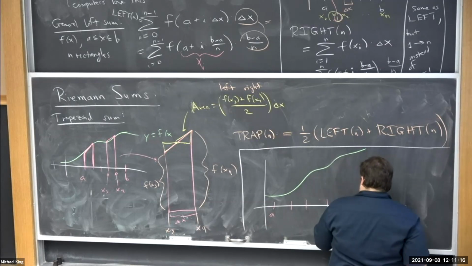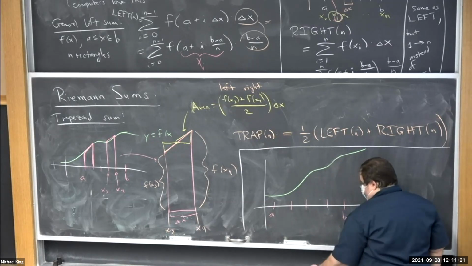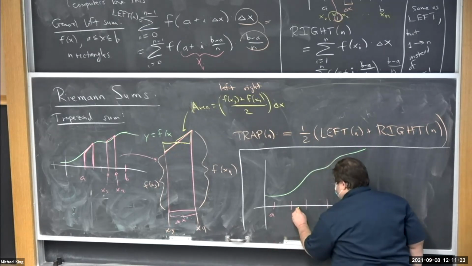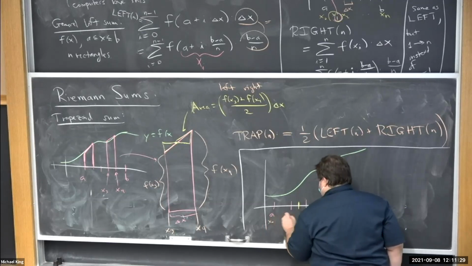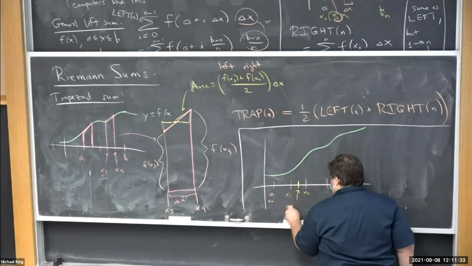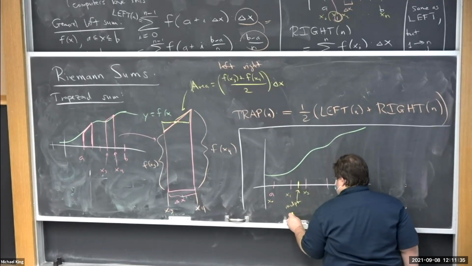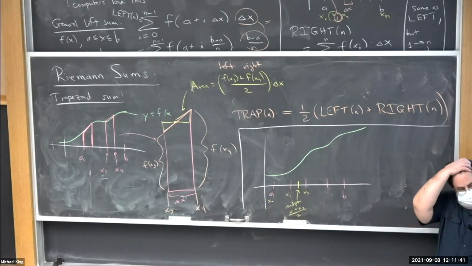Let's just break this up into a few intervals and call that B. So what you can do is take the midpoint of a given interval. So this is like x1 and x2. That's x0. This is the midpoint, which is x1 plus x2 over 2. It's the average of the two that is the midpoint.